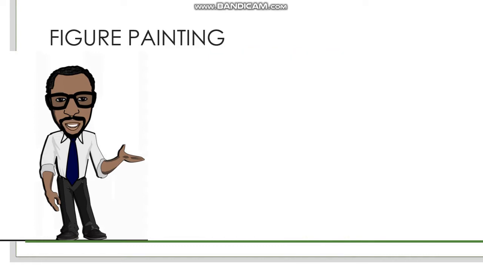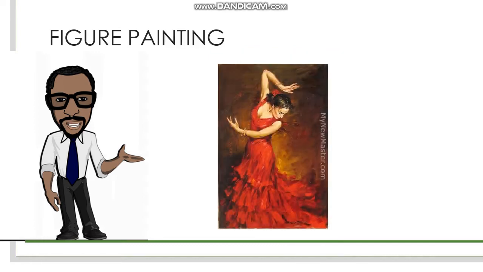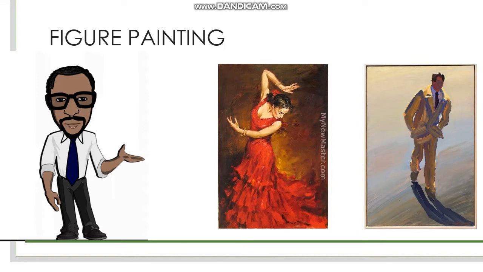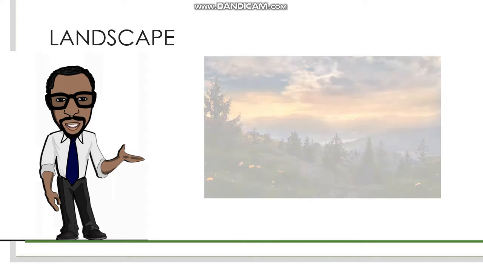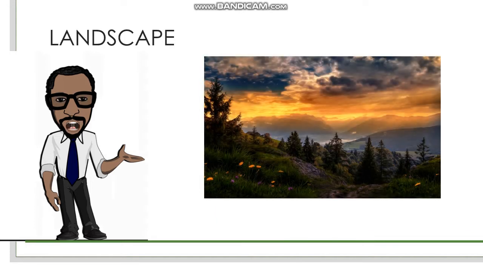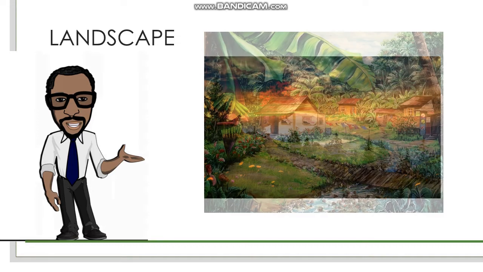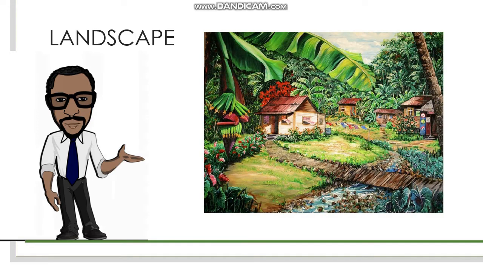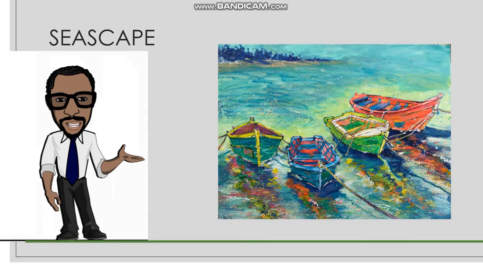Figure paintings are all done in wet media, varying in any style identified. Landscapes identify our areas of land. Seascapes, done in any style, will identify a body of water.